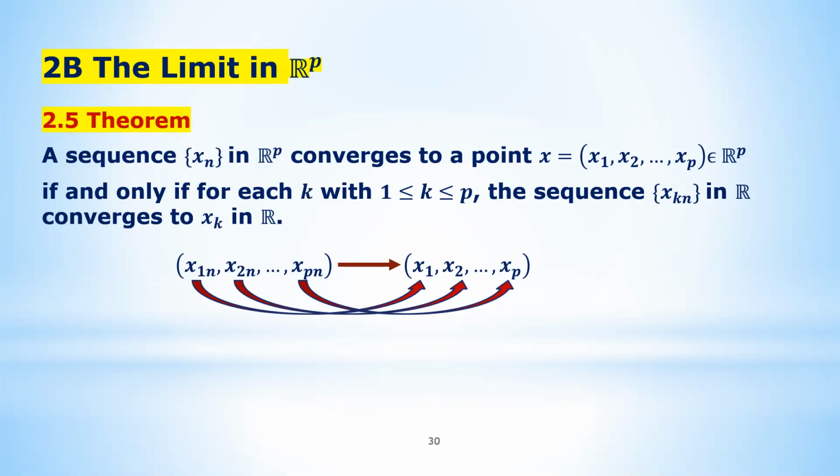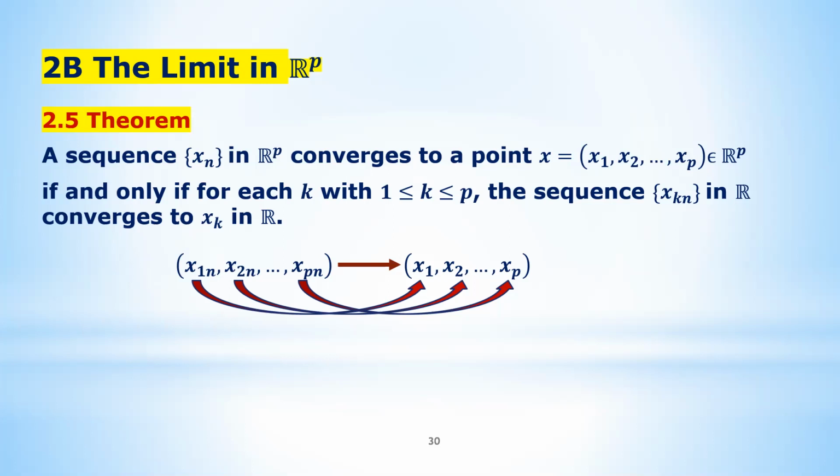So you have a sequence of points, and each coordinate of the sequence will correspondingly converge to the coordinates of the limit point. That's the theorem. If you have a limit of a sequence of points, then this happens for each coordinate.